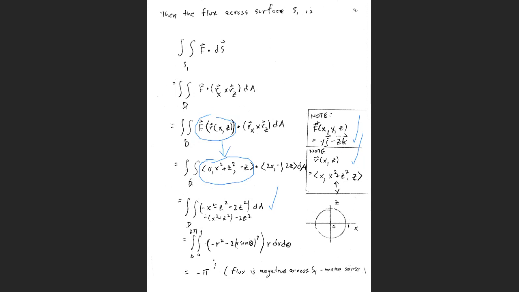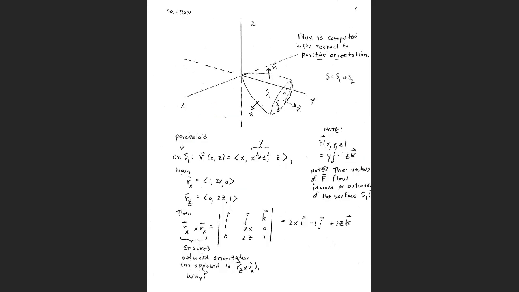If we consider our parameterization for surface S1, let me just go back here, class, and put something in here. I want to add something to your notes. x squared plus z squared is less than or equal to 1.